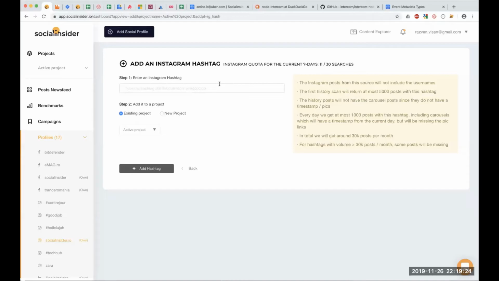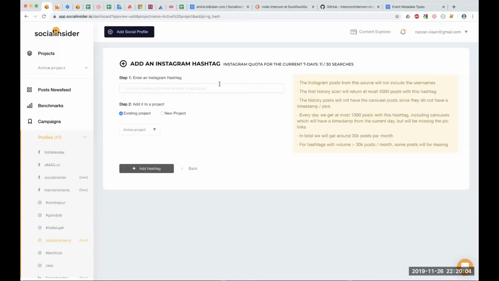So if you have a high volume hashtag like food, for the current day you would have 1,000 posts with food from the recent media endpoint. And for the history period, we would get 5K posts with that hashtag, which will be the best posts because they will be sorted by engagement.